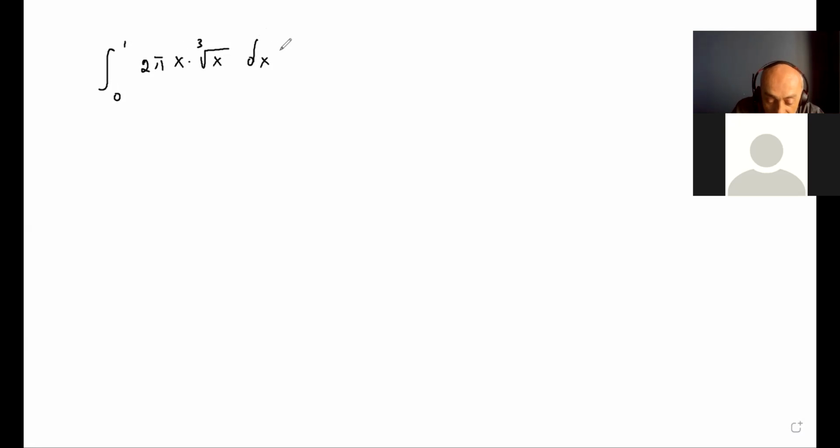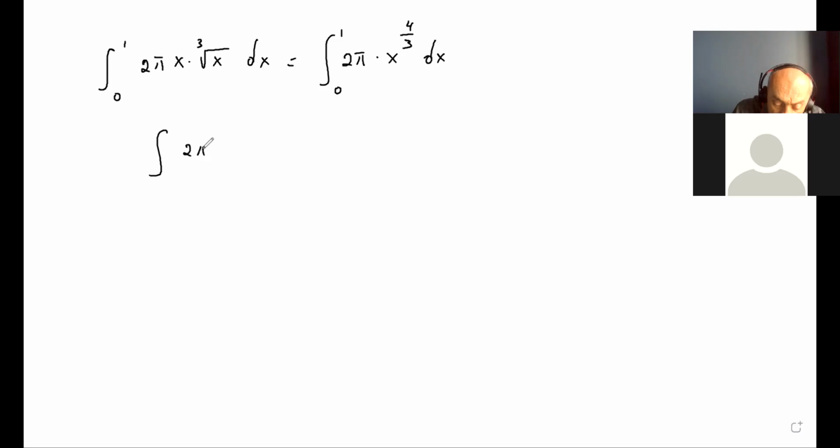I remember the problem, so it shouldn't be a big deal. And we were really at the antiderivative of the calculation of integral 0 to 1, 2 pi times x to the 4/3 dx. And that, folks, is something that we can calculate easily.